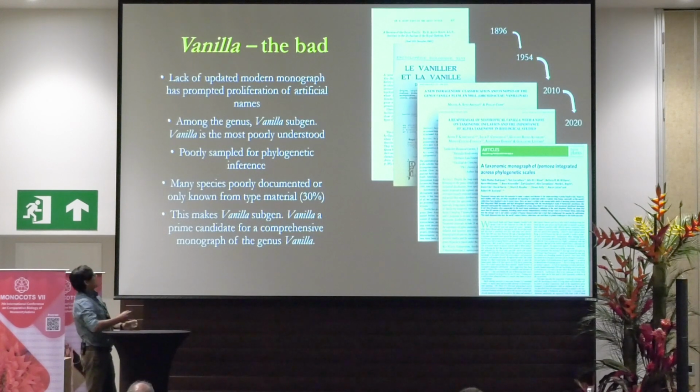Among the genus, this is definitely the most poorly understood. It's poorly sampled in the phylogenetic inference that has been done in the past decade, and many species are poorly documented in herbaria, which makes subgenus Vanilla a prime candidate for a comprehensive monograph of the genus Vanilla.